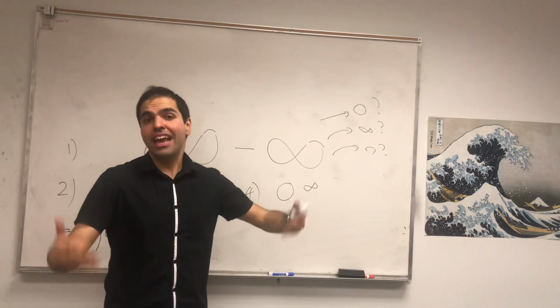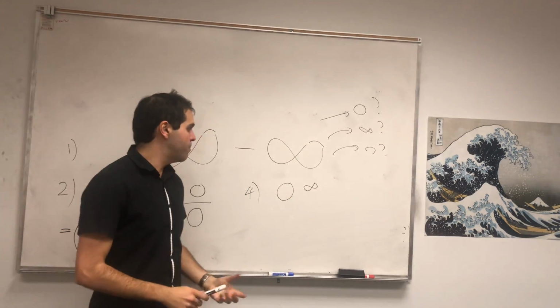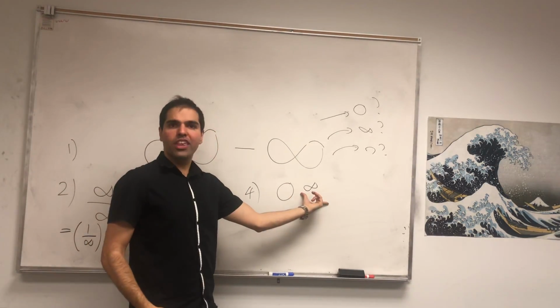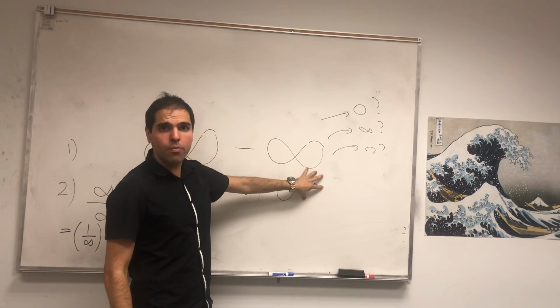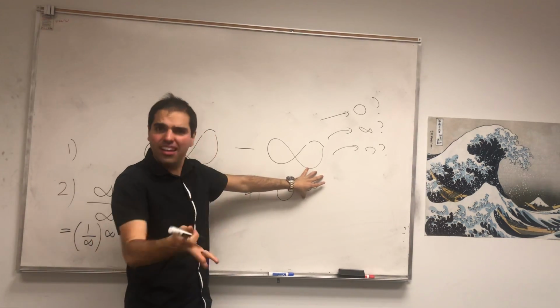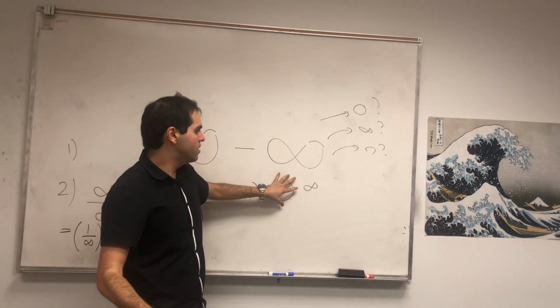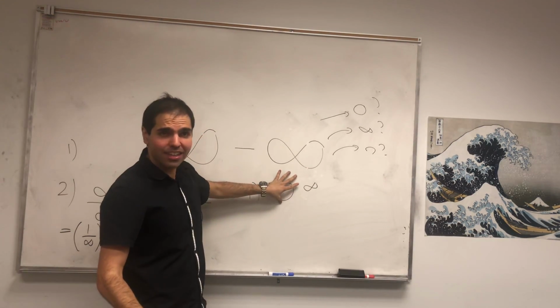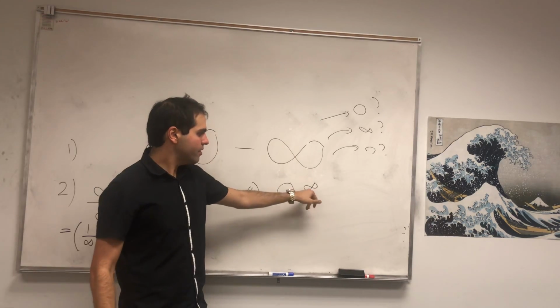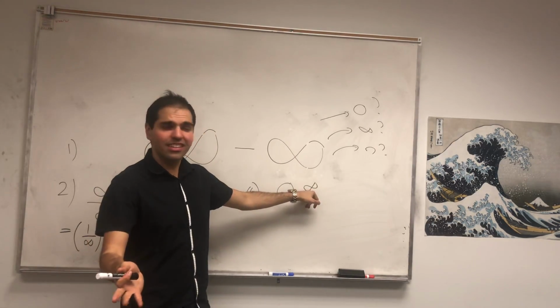Well, the answer is it depends. It depends on how many people there are. If there are really a lot of people, like x squared amount of people compared to, let's say, 1 over x, then this goes to infinity.